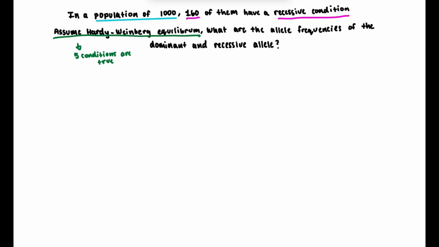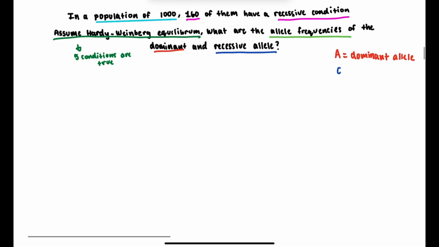Now the problem is asking us to find the allele frequency of both the dominant and the recessive allele. So let's say that big A is our dominant allele, and that little a is our recessive allele.